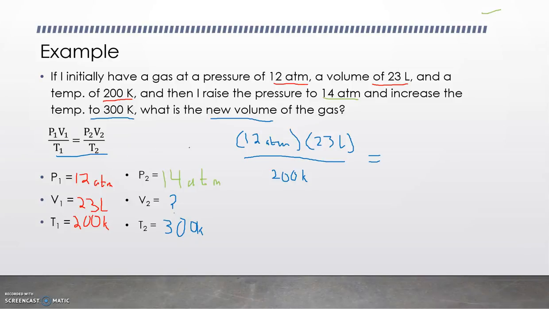Then we need our pressure 2, which is 14 atm. Our volume 2, which is our unknown, so we'll label it V2, that's what we're trying to find, over our final temperature of 300 Kelvin.